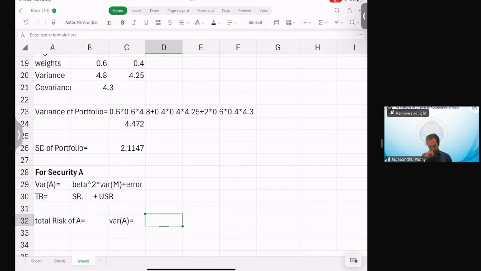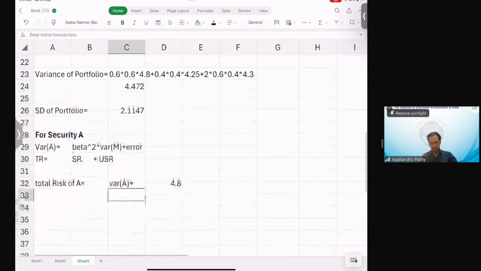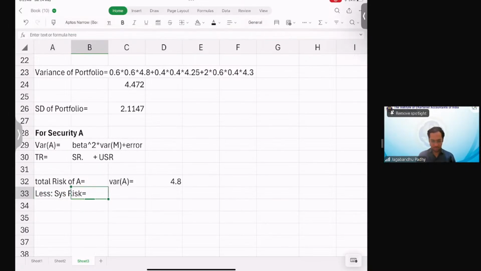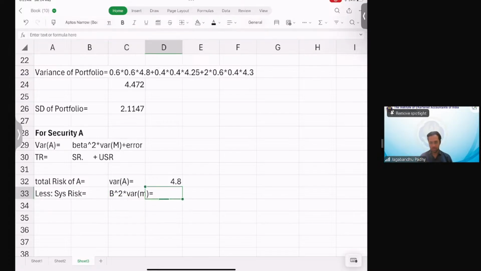So variance of A is given to be 4.8. From that, we need to subtract systematic risk. Systematic risk will be beta square into variance of market.